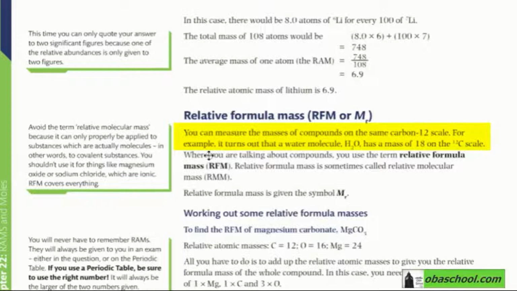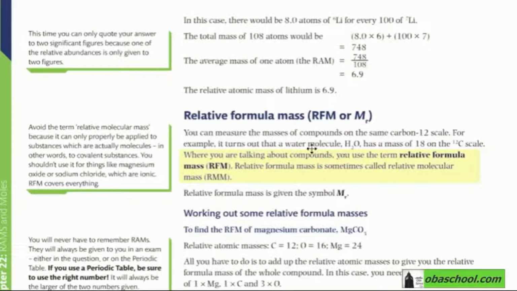For example, it turns out that a water molecule, H2O, has a mass of 18 on the carbon-12 scale. When you're talking about compounds, you use the term relative formula mass, RFM.